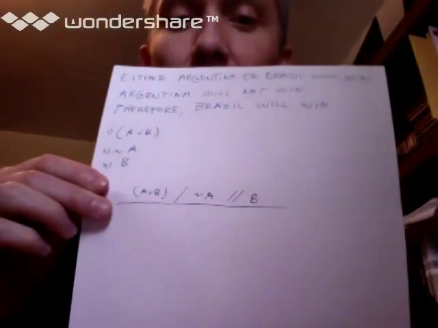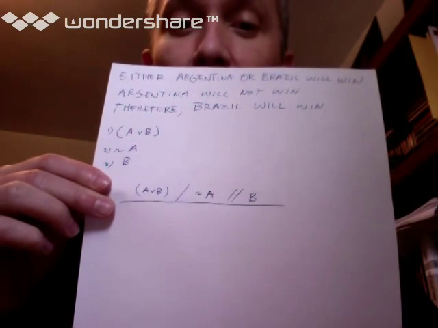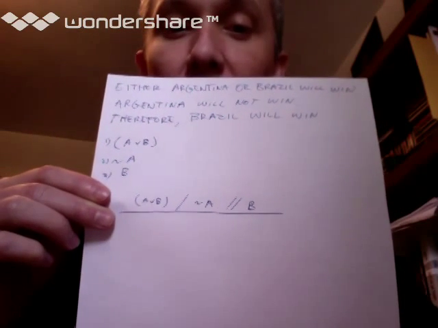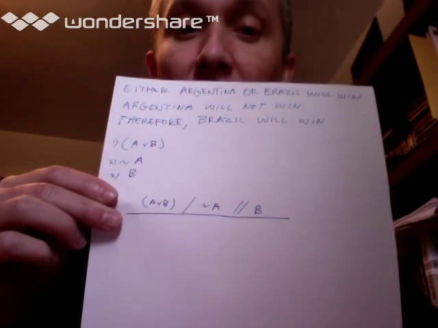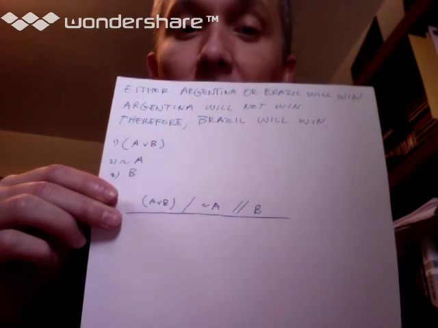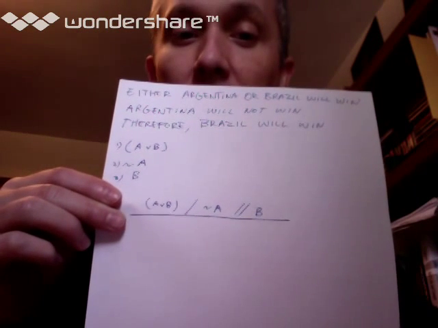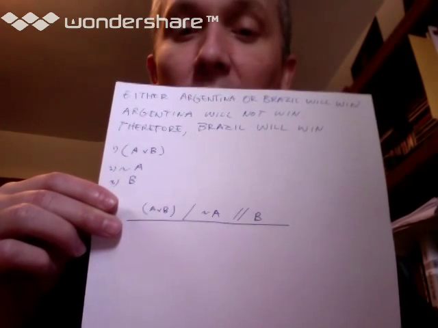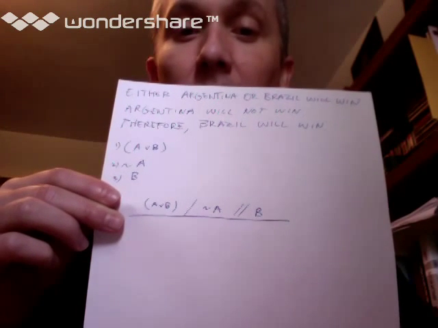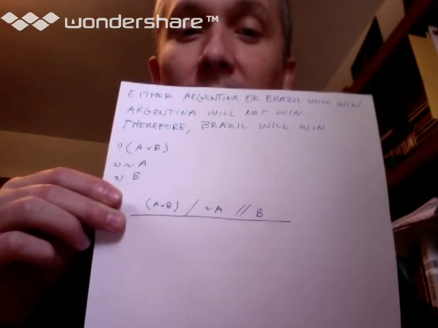As you can see, I write it out horizontally here, and I separate it with those slashes to show that this is the first premise, that's the second premise, and the two slashes show us the conclusion. Right? So I write it out horizontally like that.